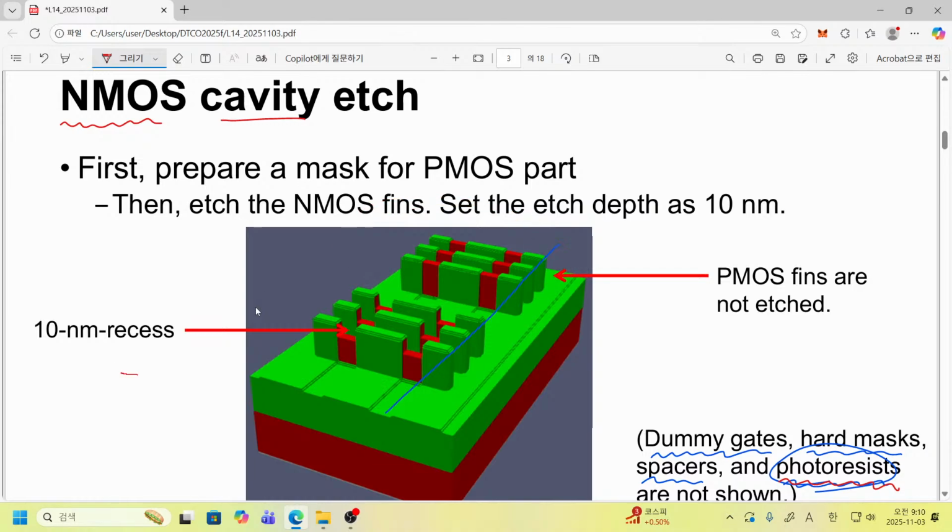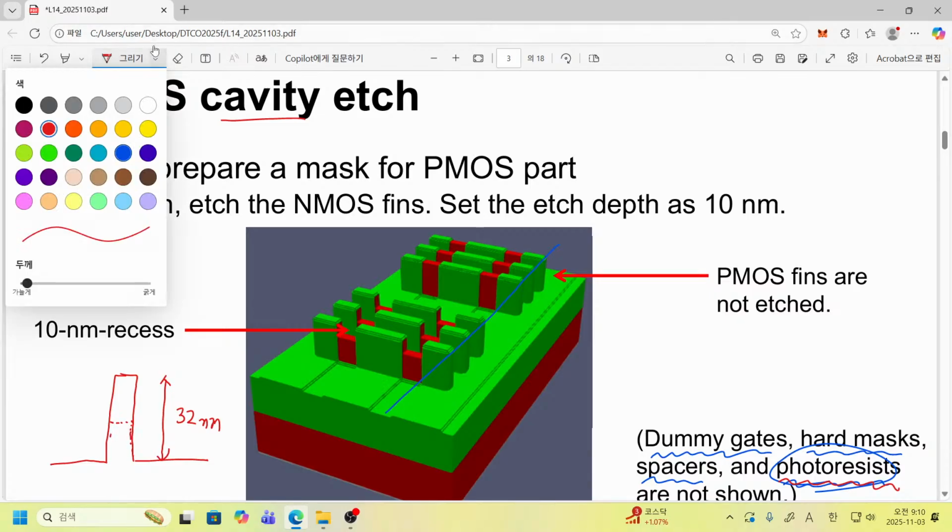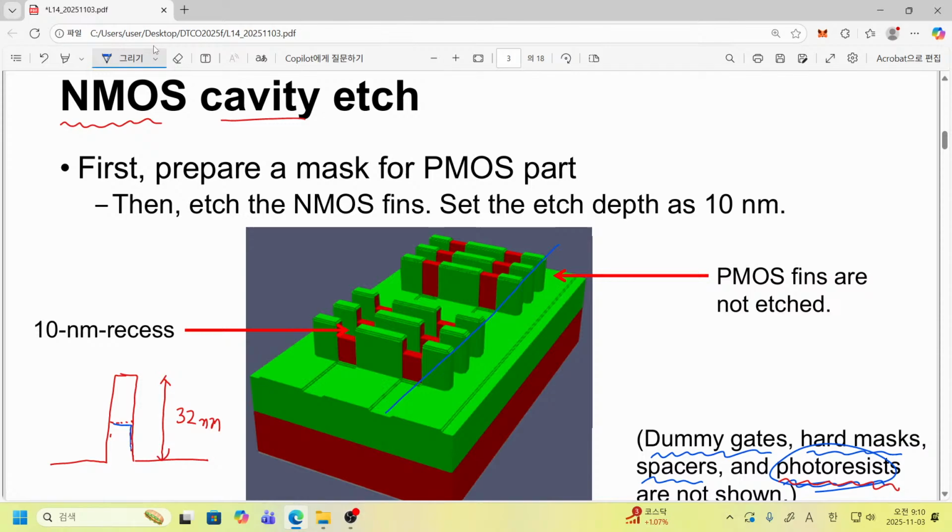It means that originally we had a fin whose height is 32 nanometers. However, before starting the selective epitaxial growth, we make the fin shorter by cavity etching.